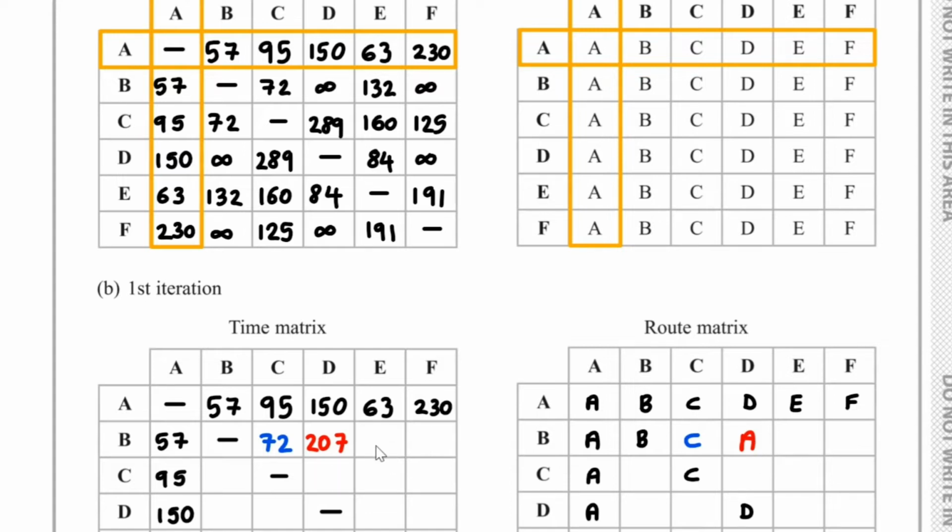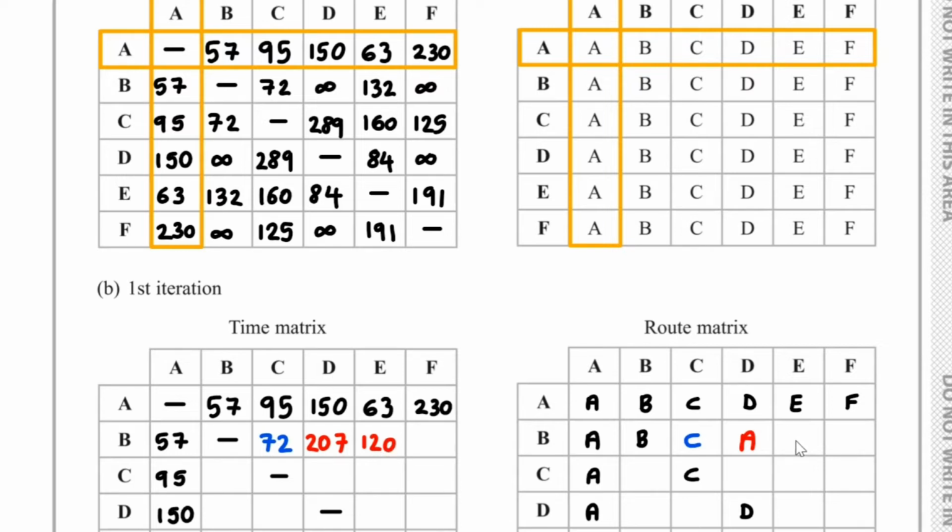If we take a look at the element here, we compare 132 with the sum of 57 and 63. 57 plus 63, that's 120. That's smaller than the 132. So 120 goes here.